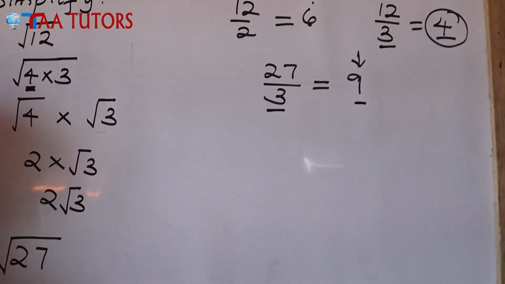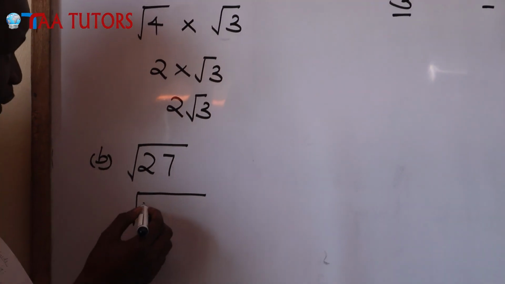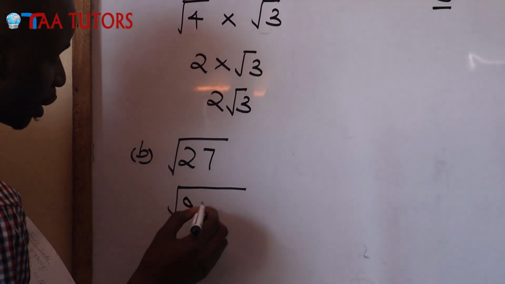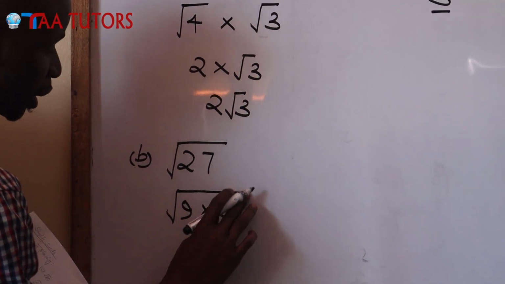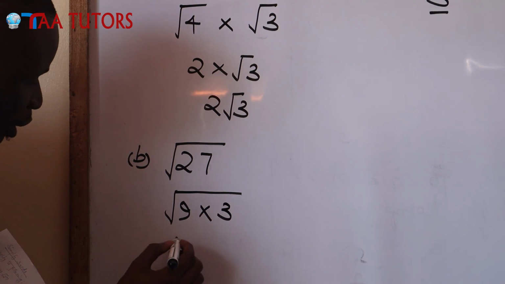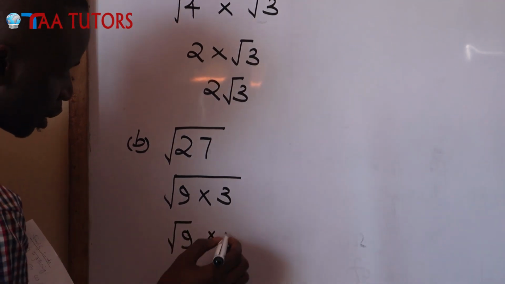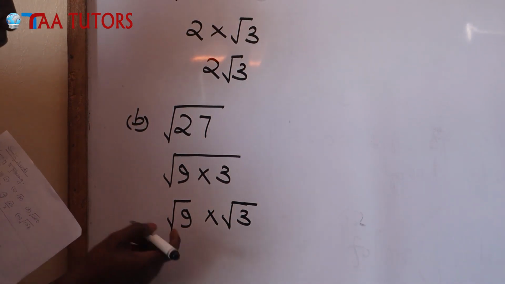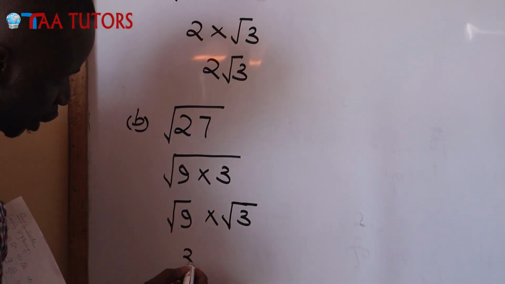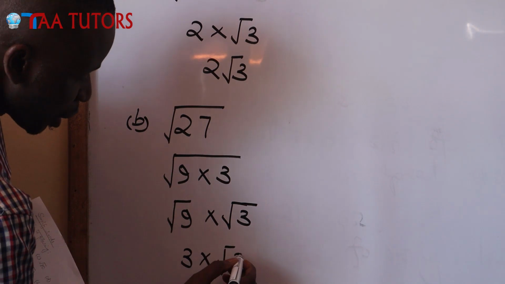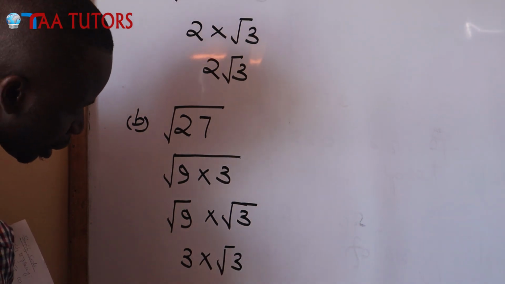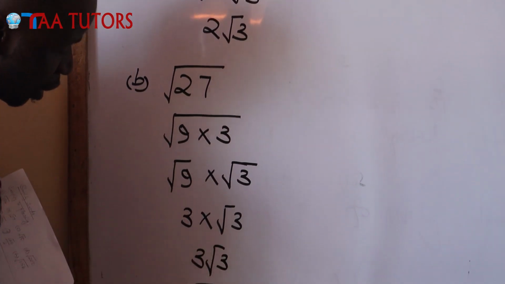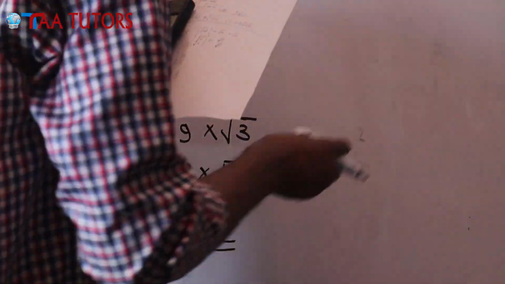So what I simply come here and do is to say this is going to be 9 times 3. Like I said, let's separate them by saying surd 9 times surd 3. But surd 9 is 3. So we are going to say 3 times surd 3, which actually becomes 3 surd 3. That is the simplest form of that number.